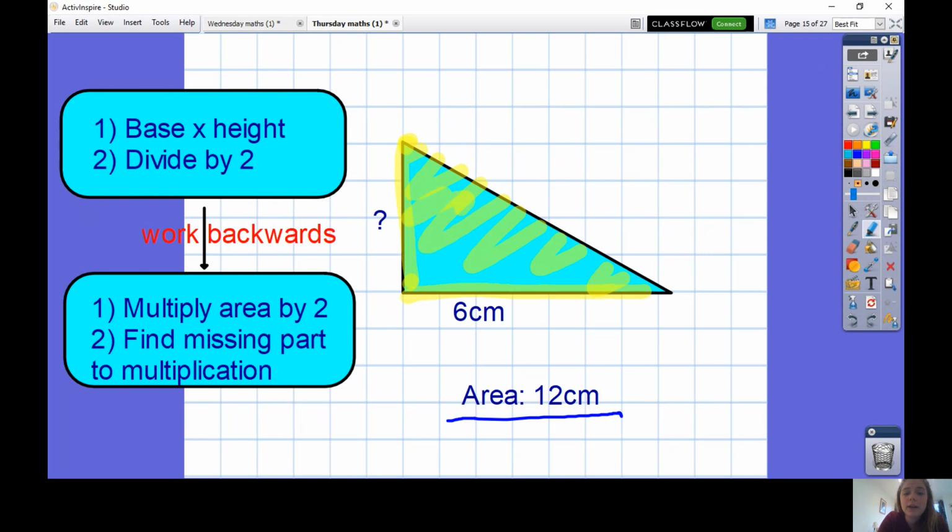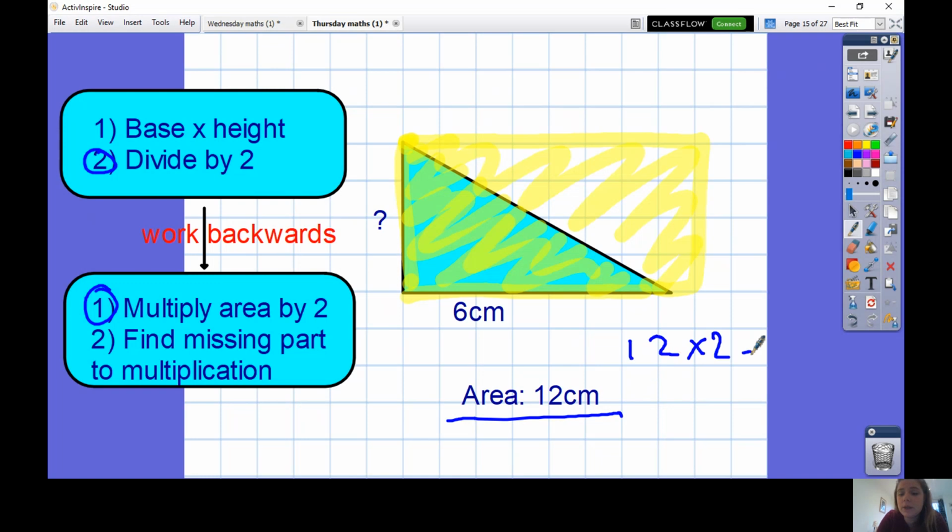I have the area of a triangle, but I want to find the area of a rectangle because that will be easier for me. So step 1 is, instead of step 2 being divide by 2, I do the opposite, the area multiplied by 2. So I'm going to do step 1 here, 12 times by 2 is 24.